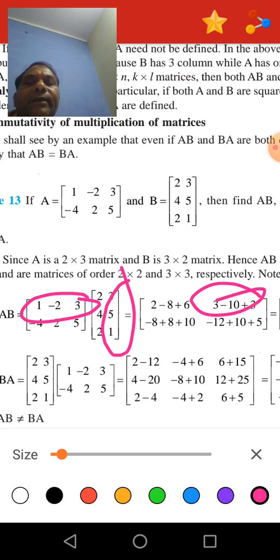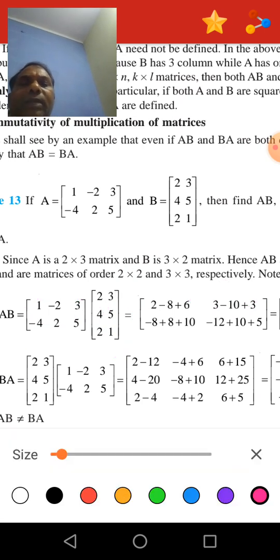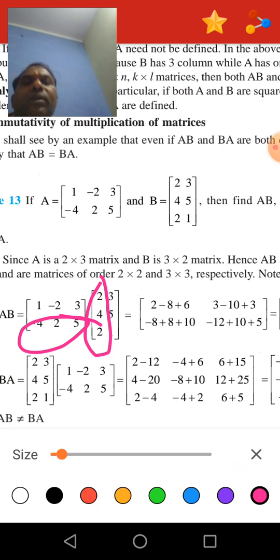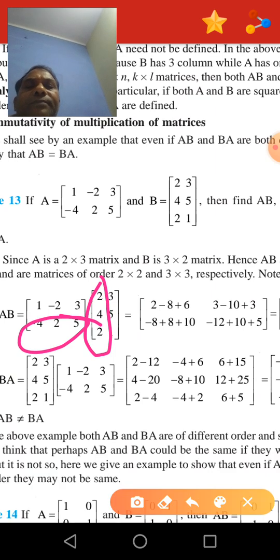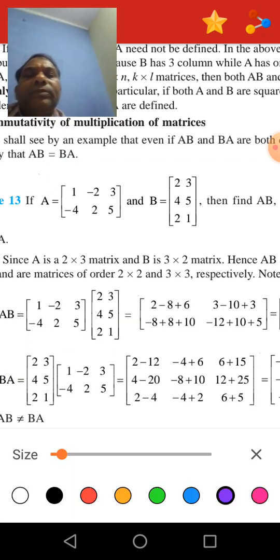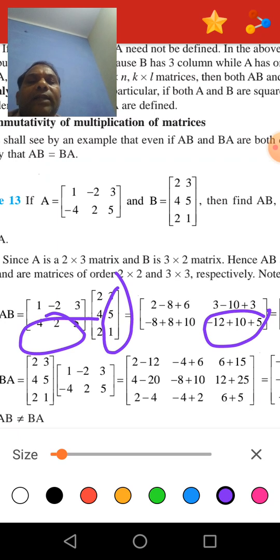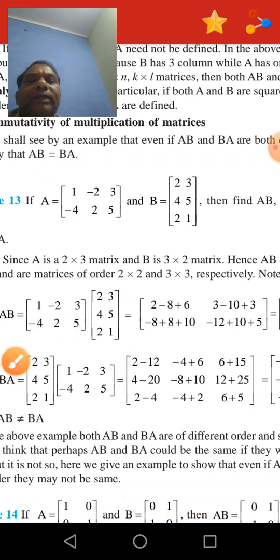Clear? Similarly, multiply corresponding elements of the second row with the first column. Then the second row with the second column. Clear? Then you can find AB.